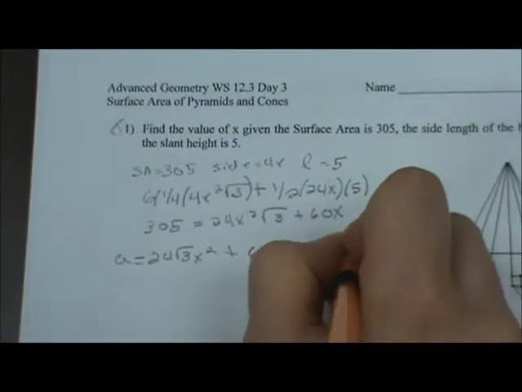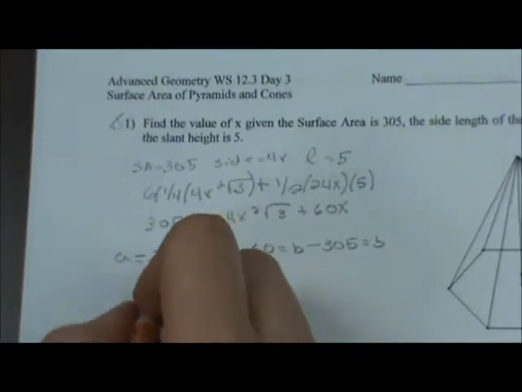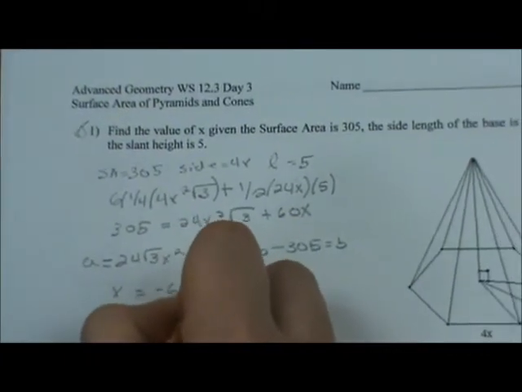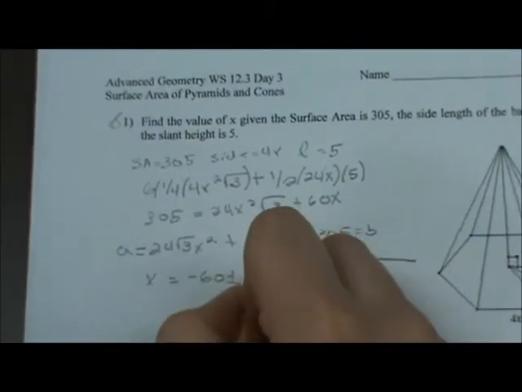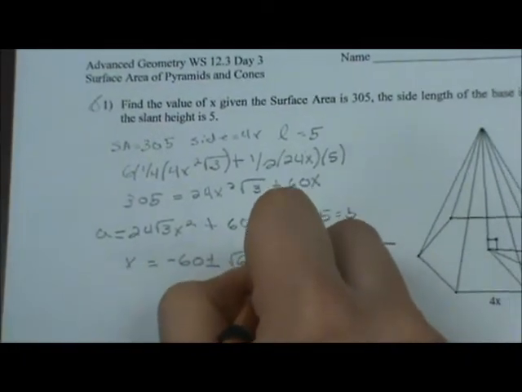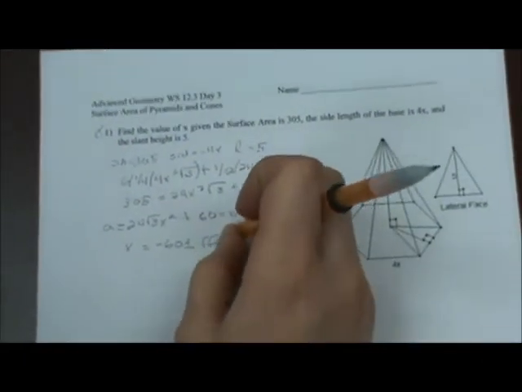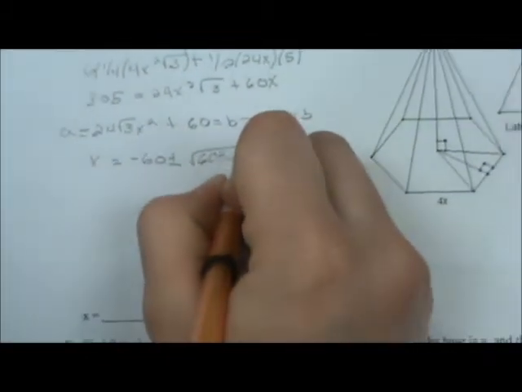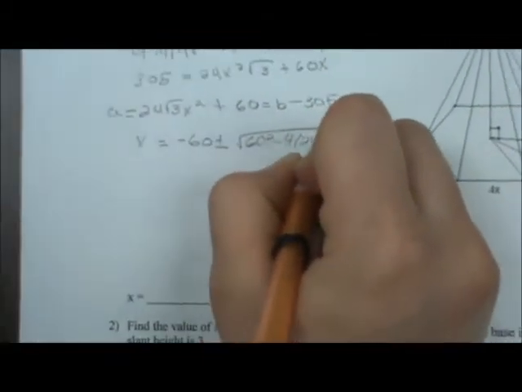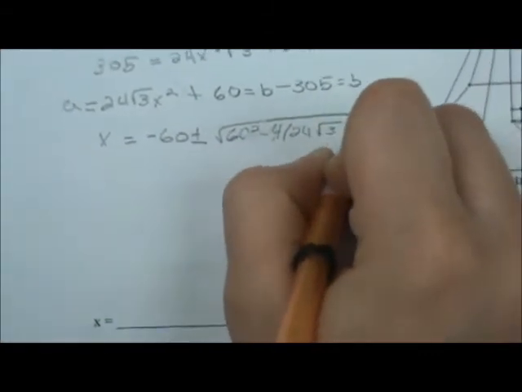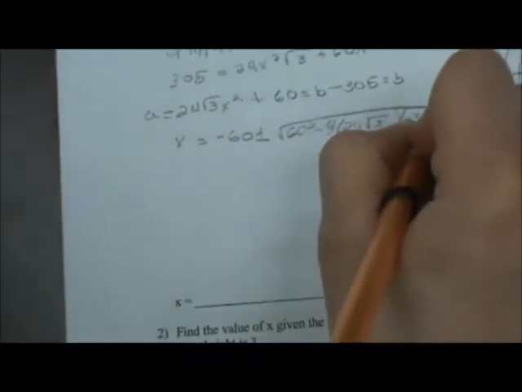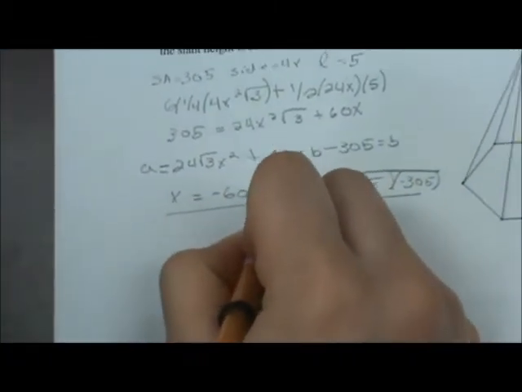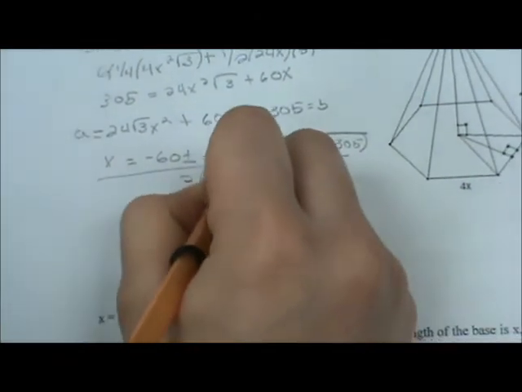And then we're just going to get a, b, and c for our quadratic formula. And then plugging stuff in, negative 60 plus or minus the square root of 60 squared minus 4 times 24 square roots of 3 times 305, all over 2 times 24 square roots of 3.